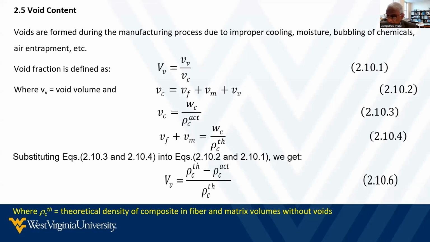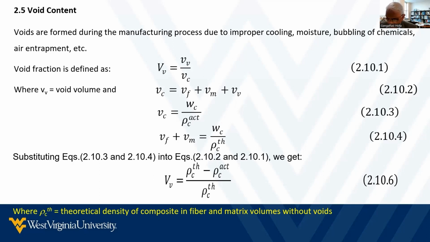Similarly, resin-rich areas are possible, which lead to strength degradations. However, we are going to be assuming, as you see in my next slide, these fibers are uniformly distributed, and also the resin is uniformly coated around the fibers.